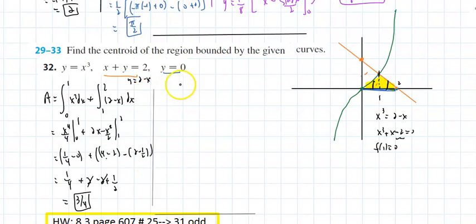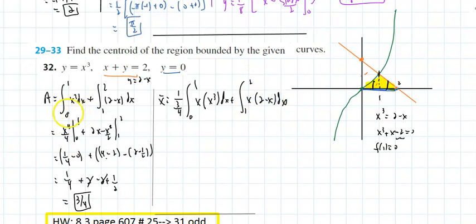How do you find x bar? Well, x bar is going to be 1 over 3/4, the integral from 0 to 1 of x times x cubed dx, plus the integral from 1 to 2 of x times 2 minus x dx. Pretty much once you do this, you're pretty much set. That is 4/3 times, by the way, it should go like this.